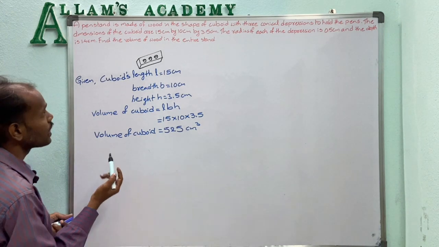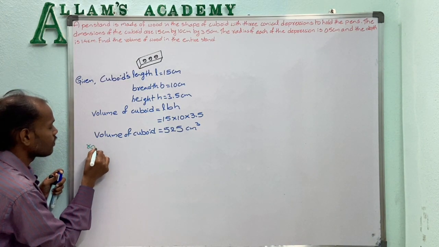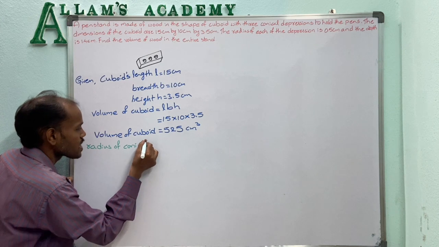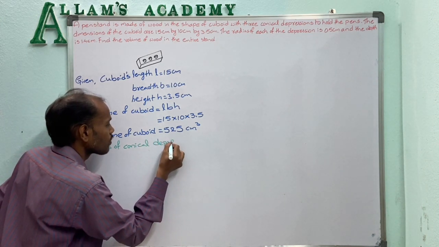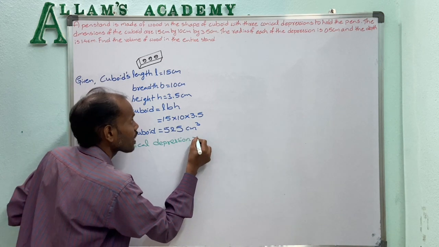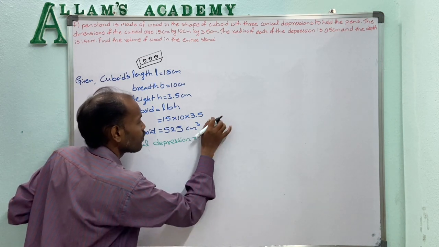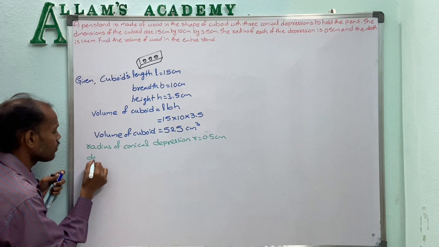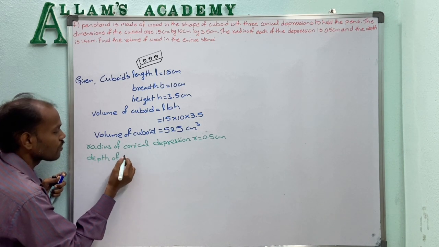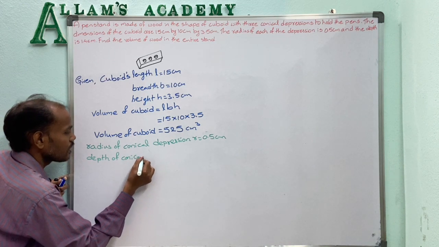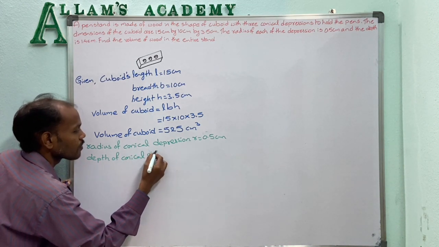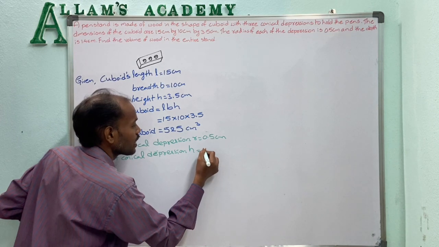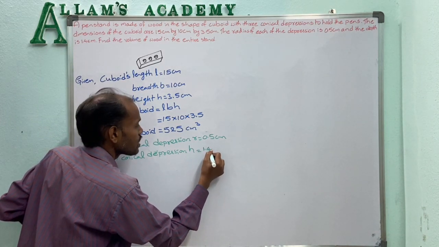So the radius of the conical depression is equal to 0.5 centimeters, and the depth of the conical depression, that depth is nothing but height, is equal to 1.4 centimeters.